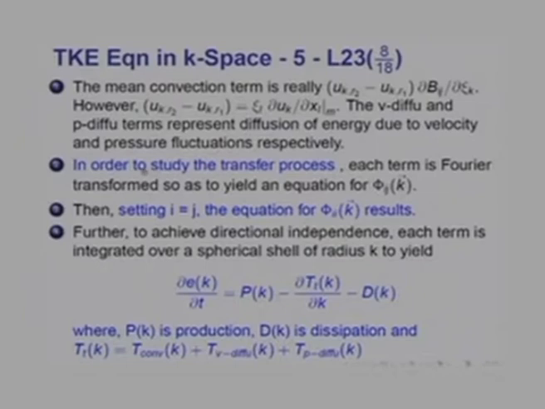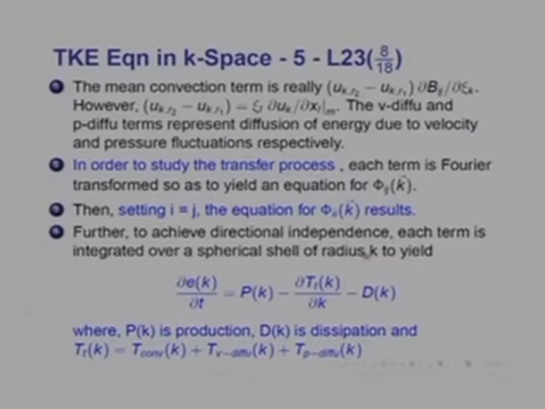Now, in order to study the transfer process, each term of this equation is Fourier transformed so as to yield an equation for phi ij bar k. So, we will have a differential equation in Fourier space of phi ij k bar. If we then set i equal to j, we would get an equation for phi ik bar, and further, to achieve directional independence, each term is integrated over a spherical shell.